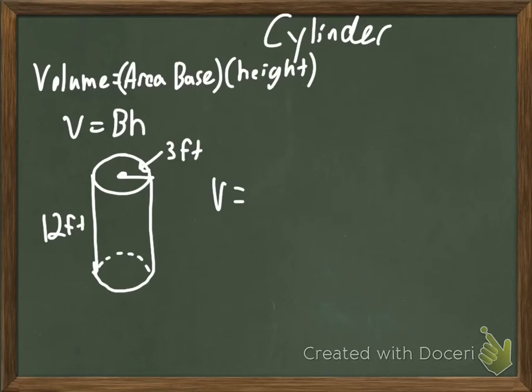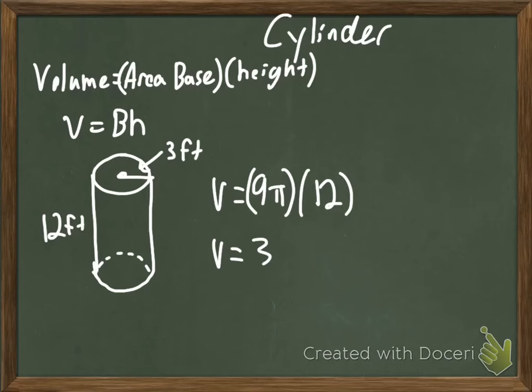So it's going to be pi r squared, so that would be 9 pi times my height, which is 12. So my volume equals 339.29 feet cubed. Again, we're going to round to the hundredths place.